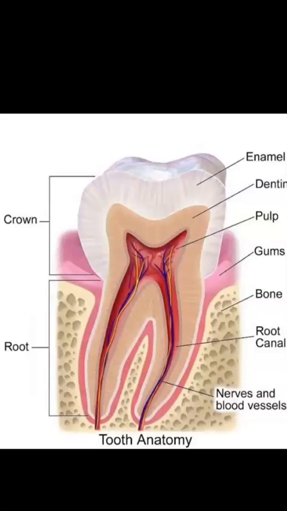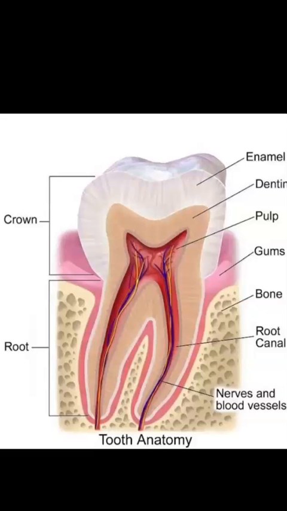The functions of these irrigants are rinsing and flushing, and lubricating function. They should dissolve inorganic matter as well as organic matter. They should be able to penetrate the peripheries of the root canal system. They should have antimicrobial, antibacterial activity, so they should kill bacteria and yeasts if present.